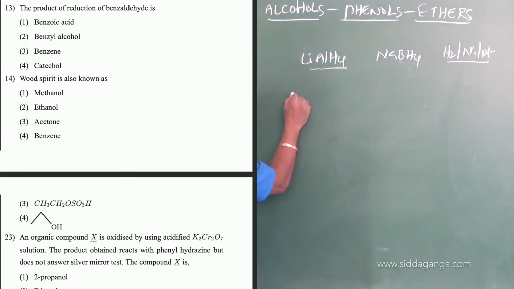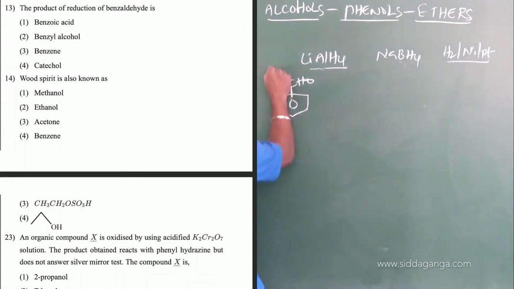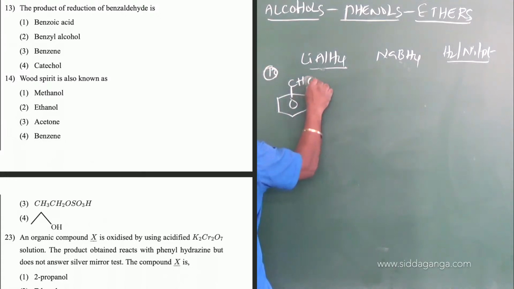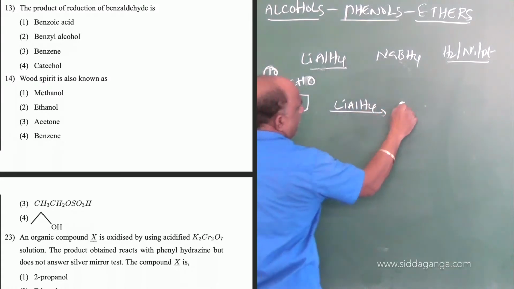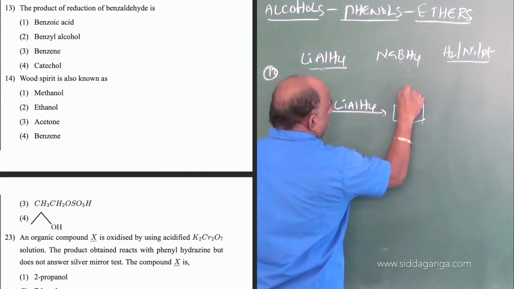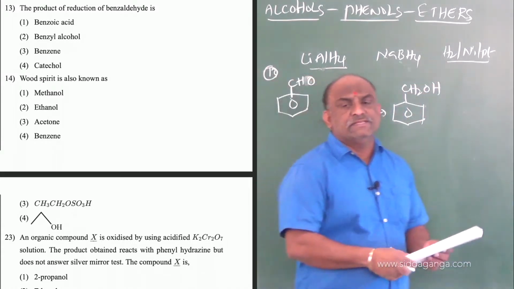Let us consider the example given in question number 13: benzaldehyde, and the reagent is lithium aluminum hydride. Then the answer is simple: C6H5CH2OH, which is called benzyl alcohol.